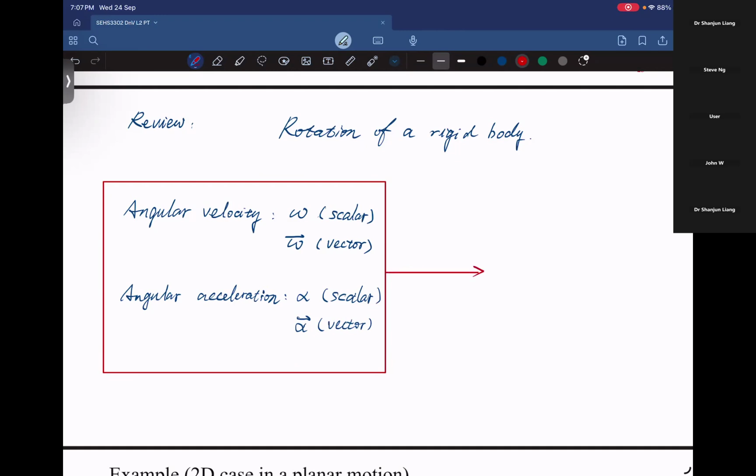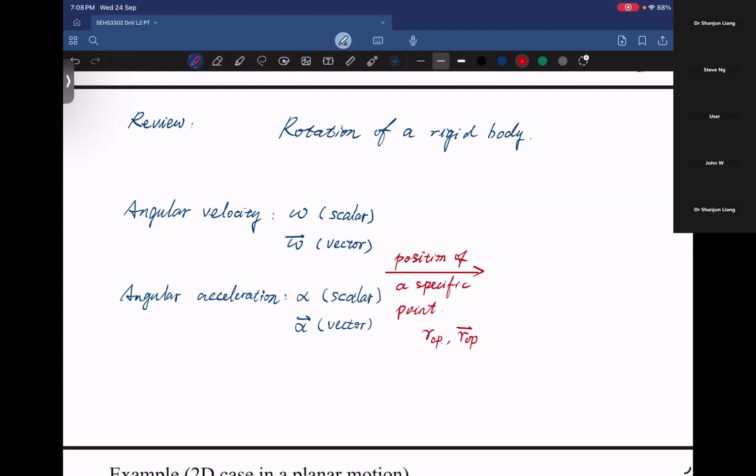So given these items, we are required to find a specific position, right? Specific position is the position of a specific point, let's call it RP, or in vector, ROP with a hat, and we are required to find the velocity.